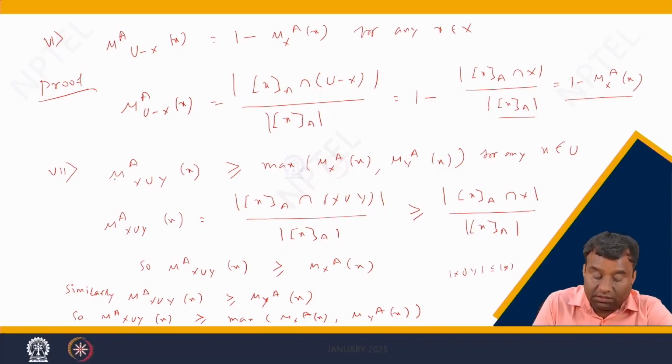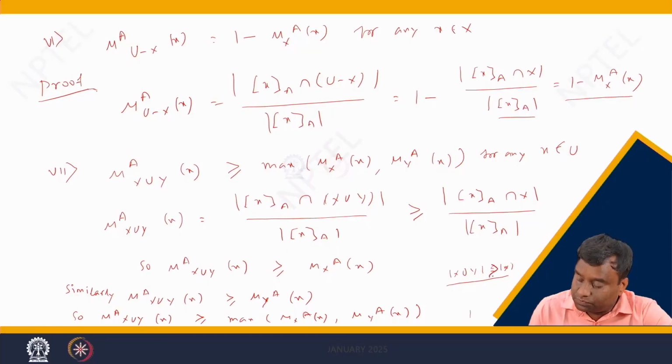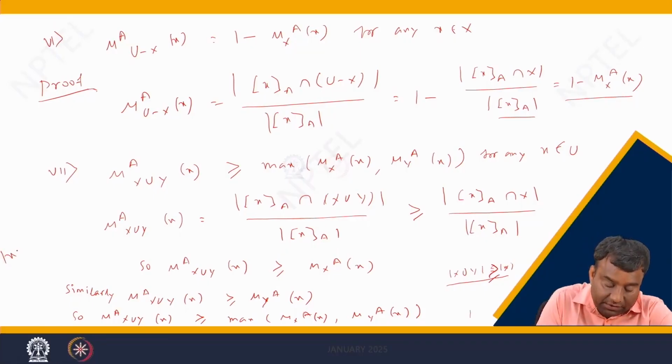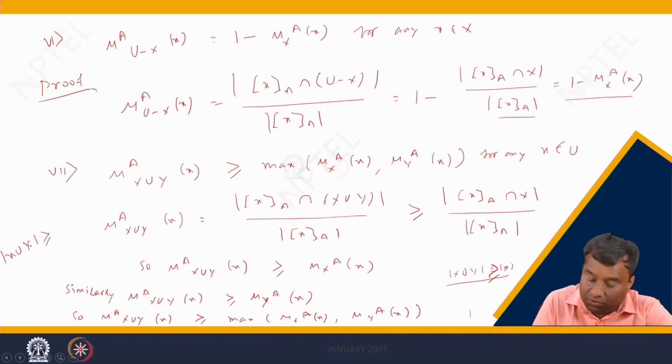Now another thing is that the rough membership function of the union of two sets X and Y is greater than or equal to the maximum of mu_X^A(x) and mu_Y^A(x) for any x belonging to U. Here you know that the cardinal number of X union Y is always greater than or equal to the cardinal number of X. So mu_{X union Y}^A(x) is equal to the cardinal number of [x]_A intersection (X union Y) by the cardinal number of [x]_A, which is greater than or equal to [x]_A intersection X by the cardinal number of [x]_A.